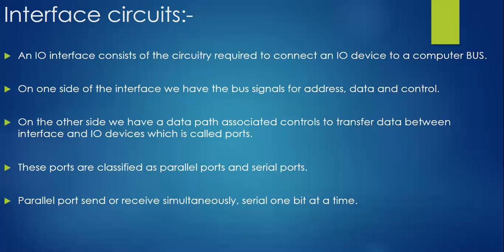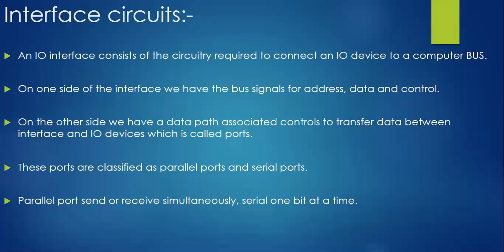That we are calling ports. When it comes to ports, there are two main kinds of classification. One we call parallel and the second we call serial. The first will be parallel ports and the second will be serial ports.